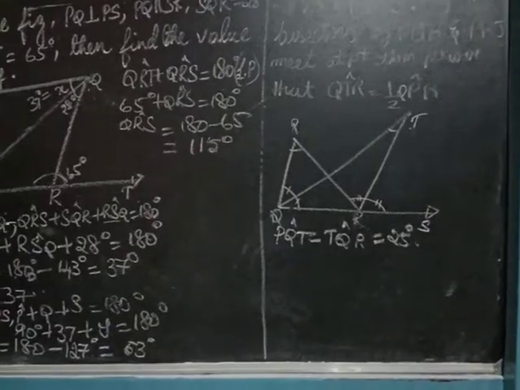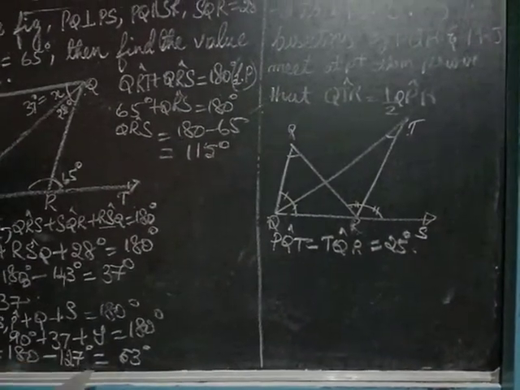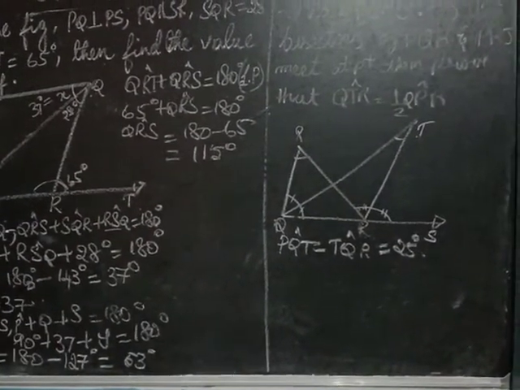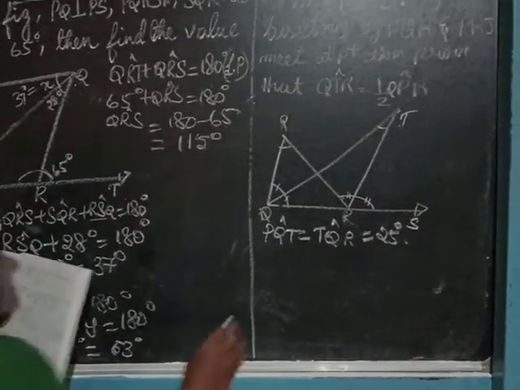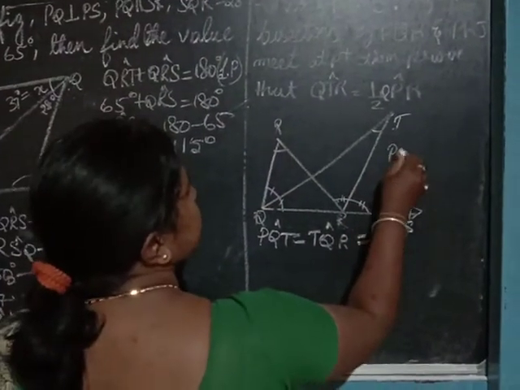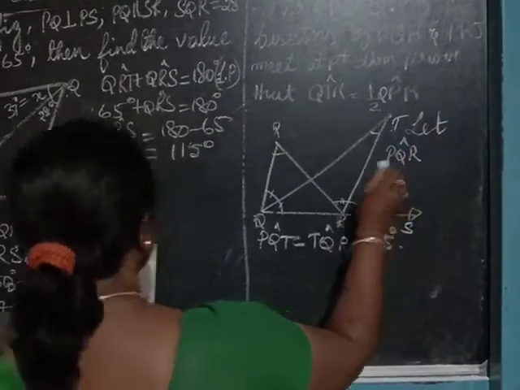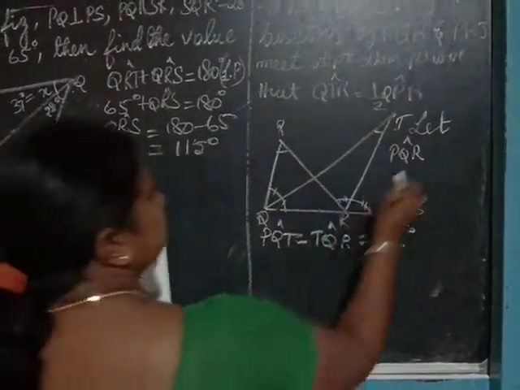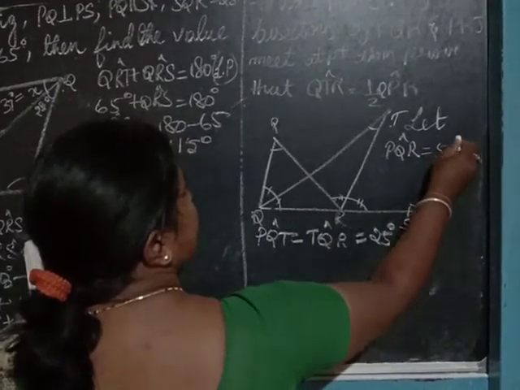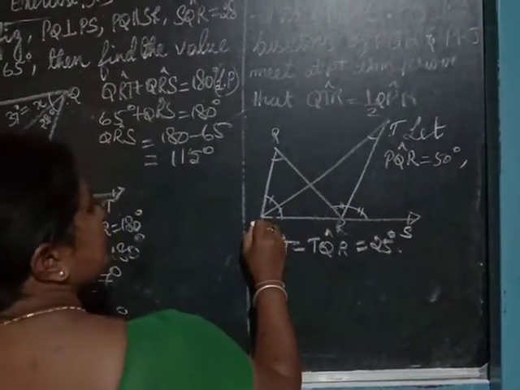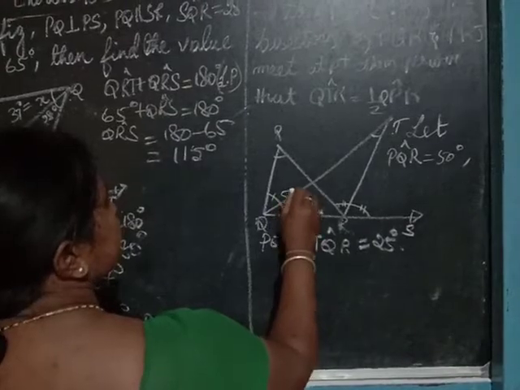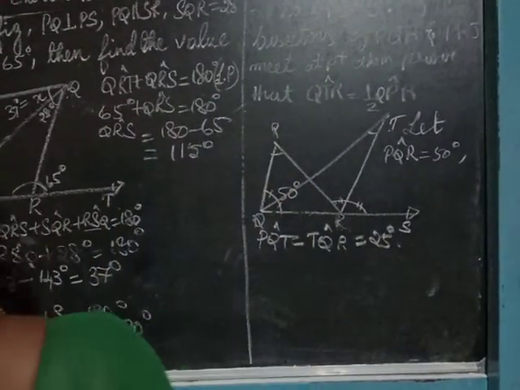See how we have taken 25 degrees. We have to assume angle PQR. Let angle PQR be 50 degrees.